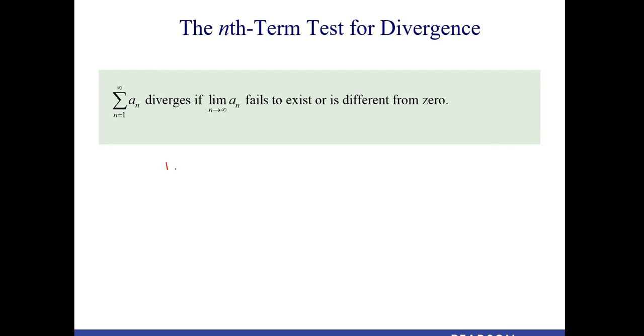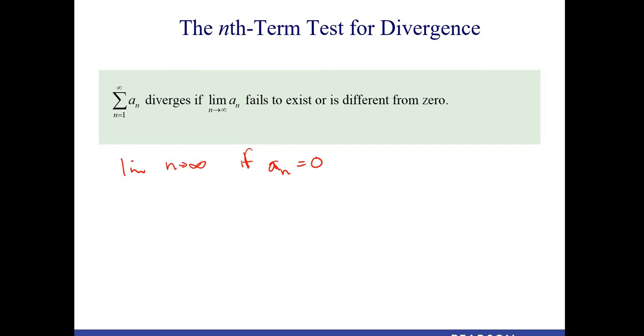So in other words, as n approaches infinity, and we did some of these at the beginning, if a sub n approaches 0, in other words, if the terms are getting smaller and smaller, then the function, and I've said this backwards.